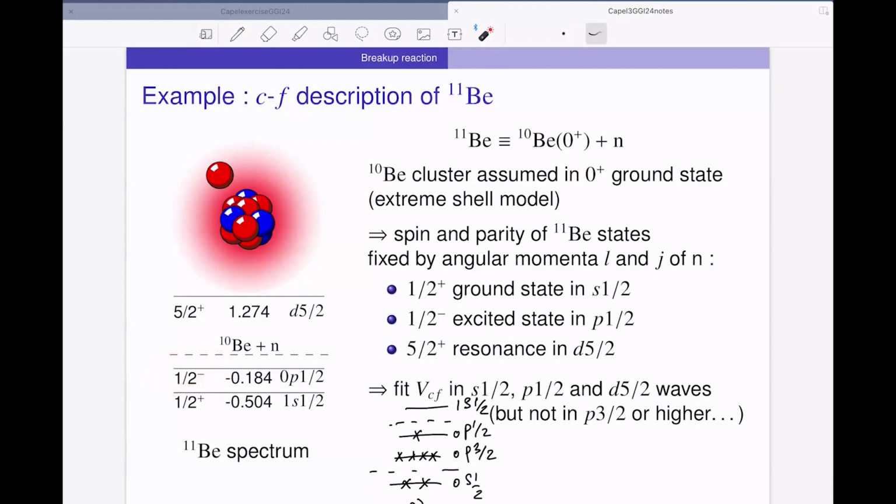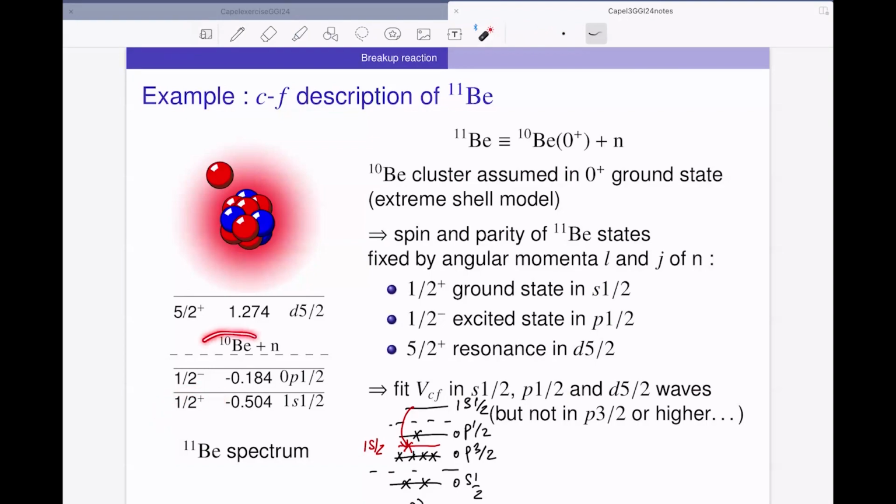So you have a shell inversion. What happens in reality is that you have this shell here that comes down. It's mostly due to the tensor force because of the system being very asymmetric, and what happens is that you actually have the 1s1/2 shell that comes down, and the neutron is in this shell, and that leads to this state here.